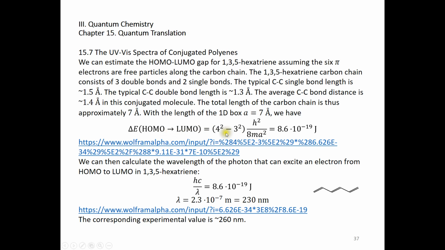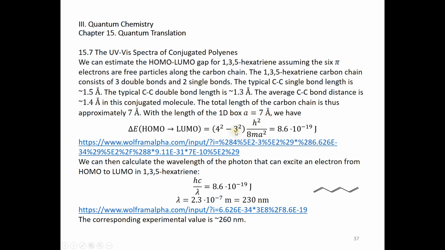It's the difference between 4 squared and 3 squared multiplied by h squared over 8ma squared. So really, it's just 16 minus 9 times the Planck constant squared over 8 times the mass of an electron times the length of the one-dimensional box, which is approximately 7 angstroms.